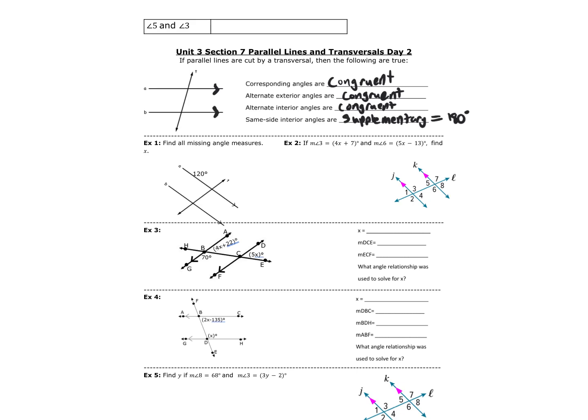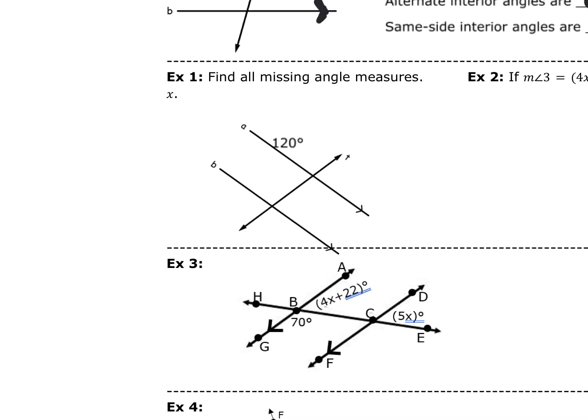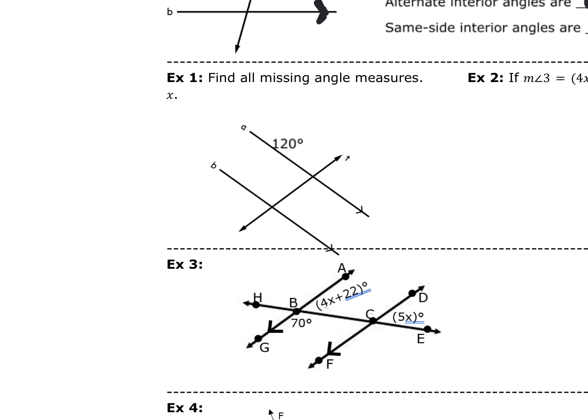All right, so we're going to find all of the missing angle measures here for example 1. All that we know so far is that this upper left side angle measure is 120. Well, first of all, I know that vertical angles are congruent, so I know that this angle here has to be 120.